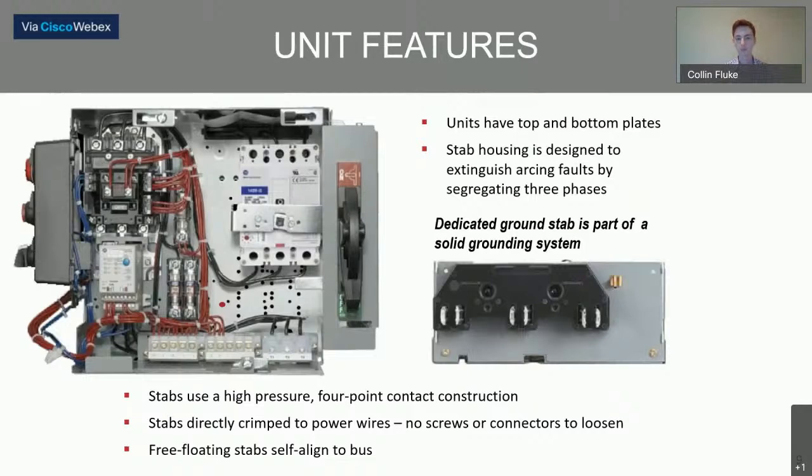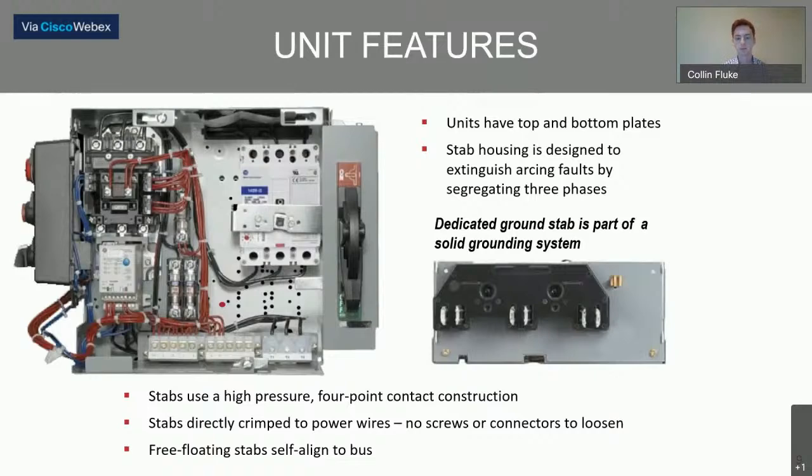On the picture on the right, these are the power stabs on the back of the bucket, one for each phase. These are spring-loaded clips that clip into the vertical power bus and allow power to come into the line side of the unit. Now in the top right, we see a small little square of copper. That is a copper ground stab.